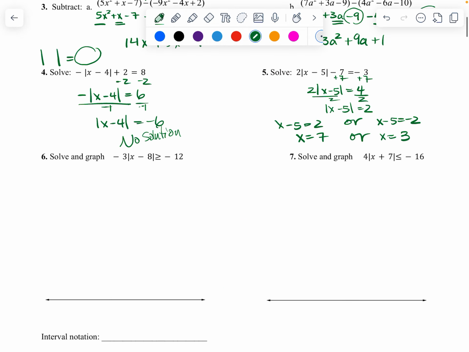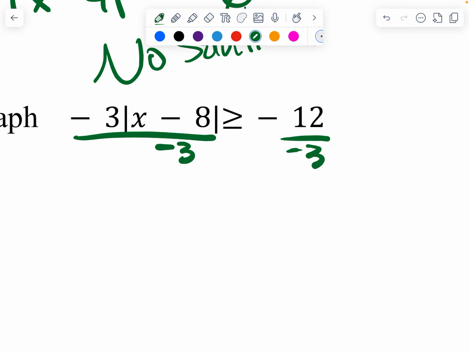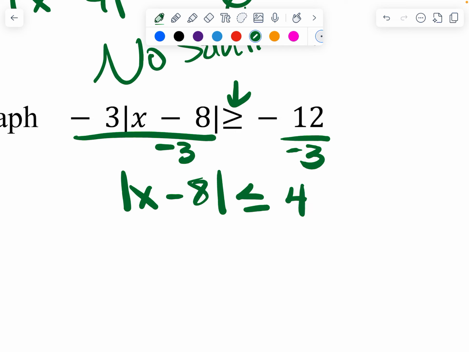Okay, next one, inequalities. So I divide both sides by negative 3. When I do that, I get x minus 8, and the inequality changes directions, and that becomes 4. Less than, so this is an and statement.